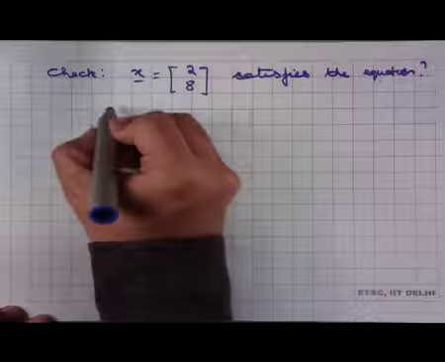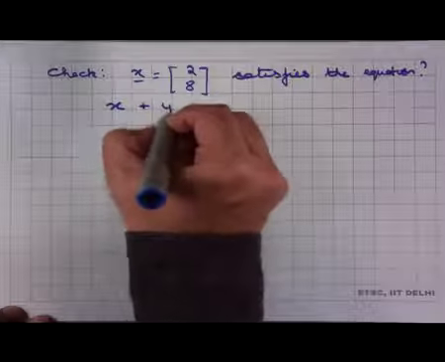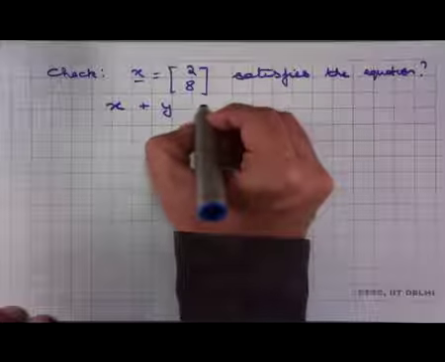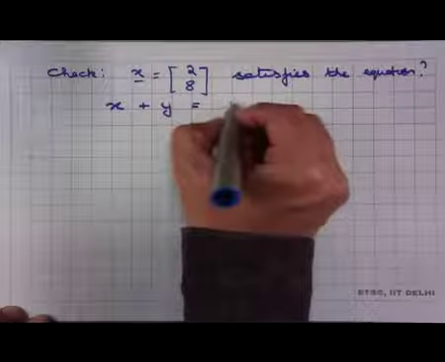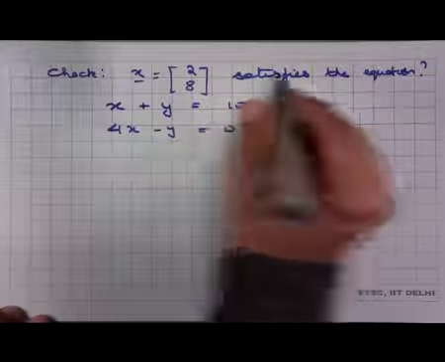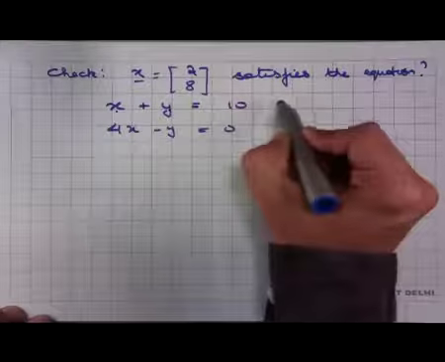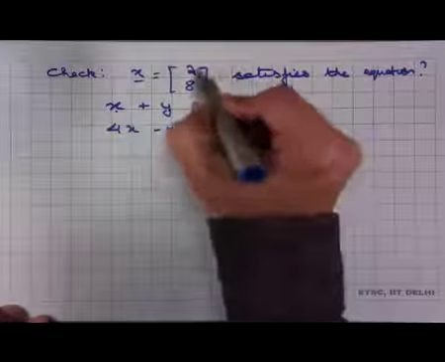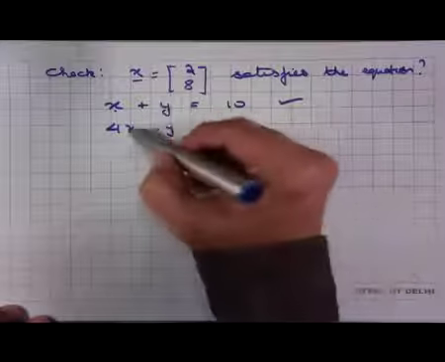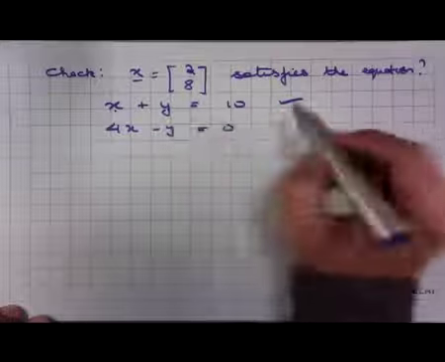Let us write them down in their original algebraic forms, where you have two equations in two unknowns, so 4x minus y, right. Suppose we put x equal to 2 and y equal to 8, then yes, we see that x plus y equal to 10, because 2 plus 8 is 10. Suppose we put this here, so x is 2, so 4 into 2 is 8, minus 8 is 0.